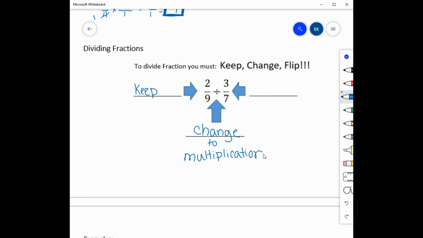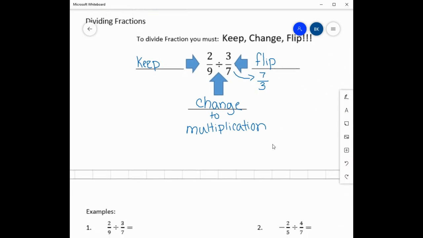And then we flip the second fraction. So we put the numerator in the denominator, and the denominator becomes the numerator. So in this case, it would be 7 over 3.